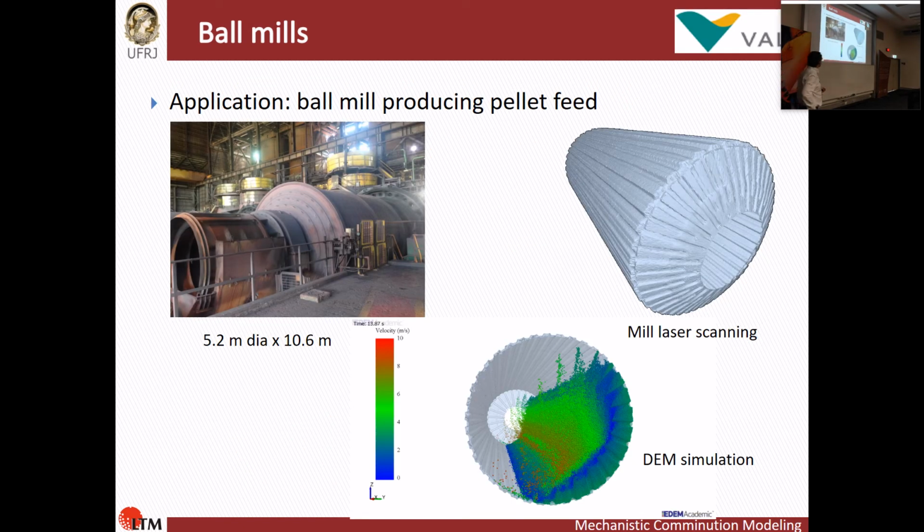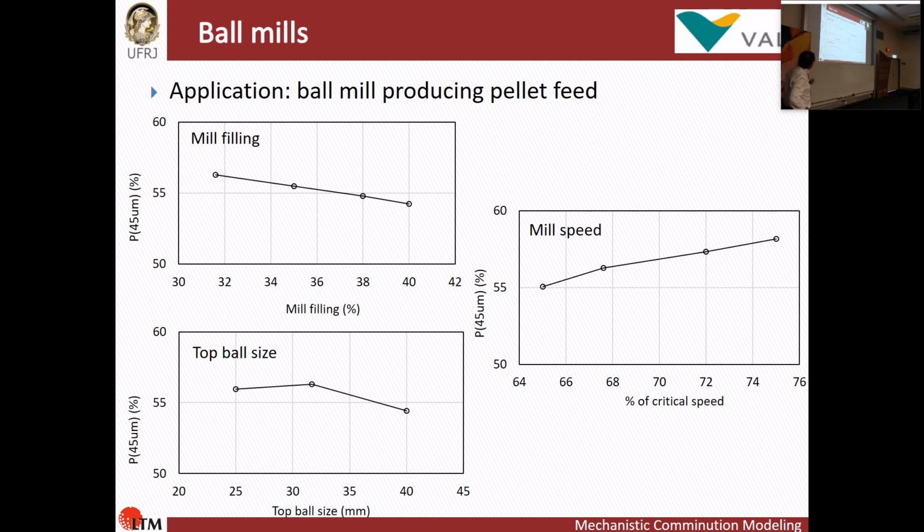So we went to Vale, a good partner of ours, to predict very fine grinding for pelletizing, did all the scanning and simulations, and then we could get some decent results out of this. These are all simulation results. There's just one point here for validation. But basically, we could understand the effect of mill filling on the proportion of fine material.